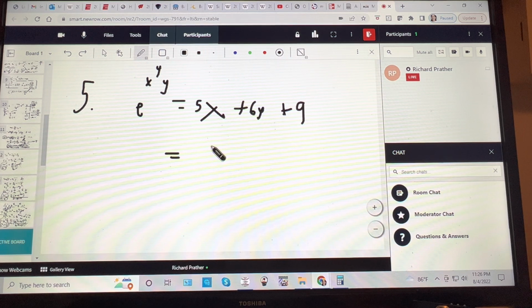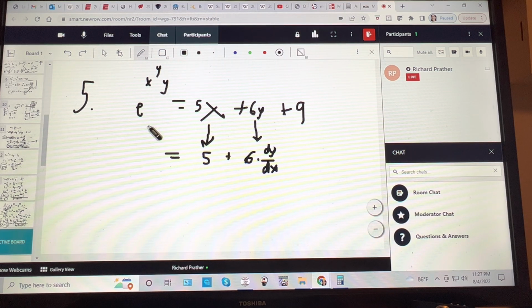So the right side of this is easier. The derivative of 5x is 5. The derivative of 6y would normally be 6, but since it's a y variable, dy over dx gets attached to it. Derivative of 9 is nothing, so that side's very easy.